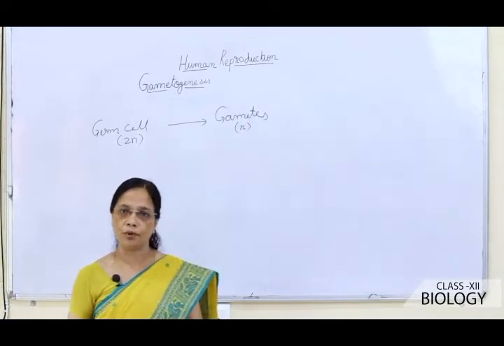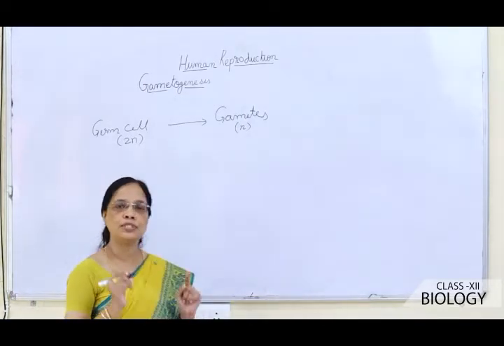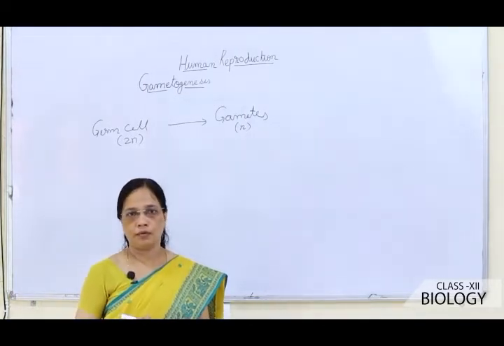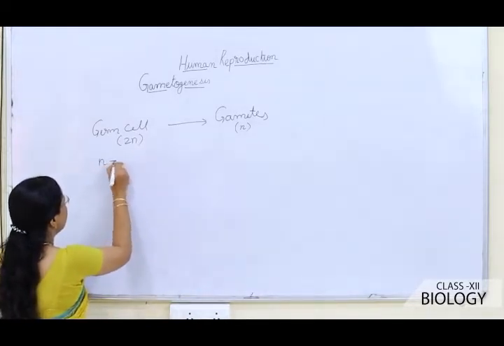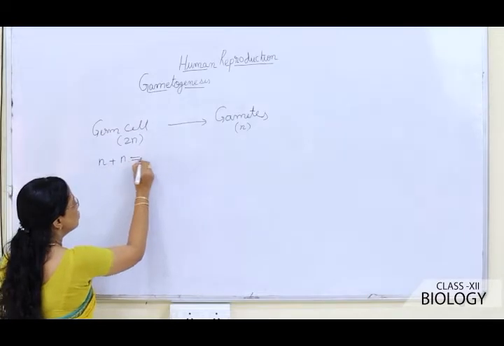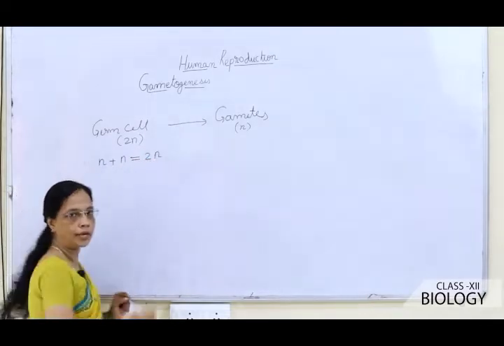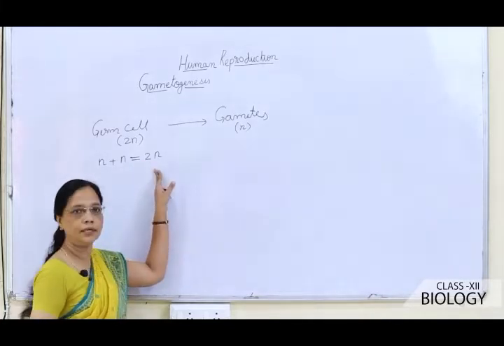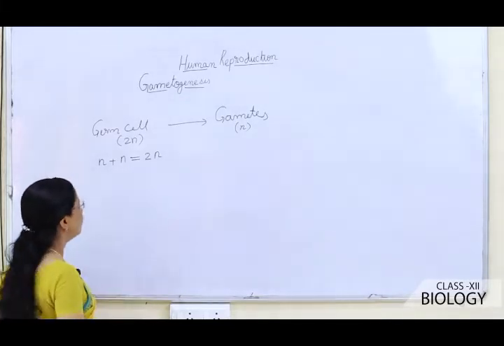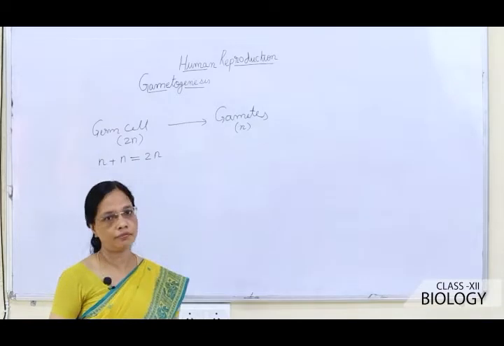What do you mean by diploid? It is having two sets of chromosomes. How is the two set formed? Now n plus n is equal to 2n. So haploid plus haploid fuses to form the diploid set. We are talking about human reproduction.